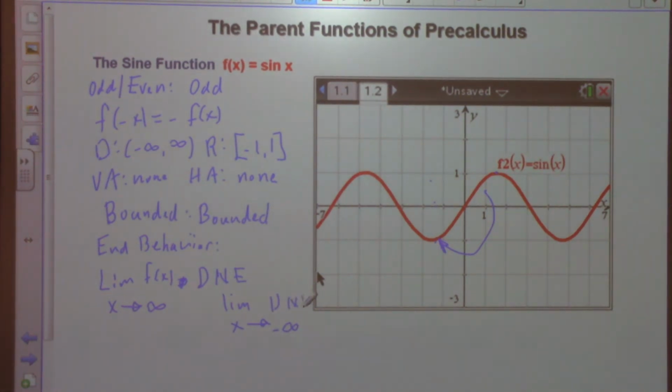Now, can any of you think of real world uses for this type of function? Waves. So you kind of look at it sideways, looks like a wave pattern. What else? Heart. Regular rhythms of the heart, yes, could be modeled with this kind of regular up and down.